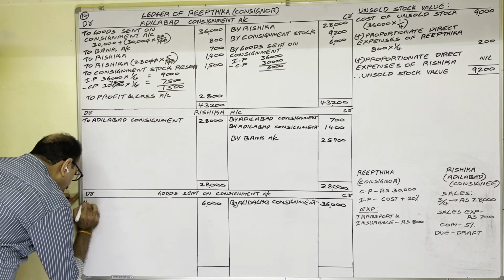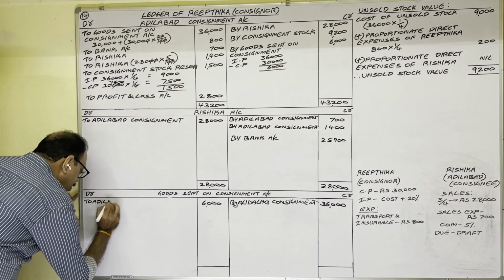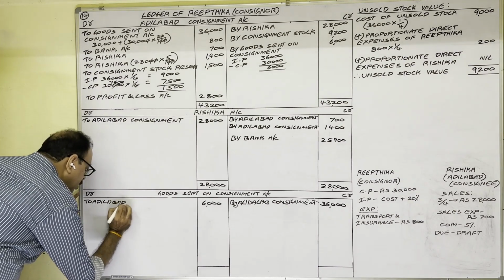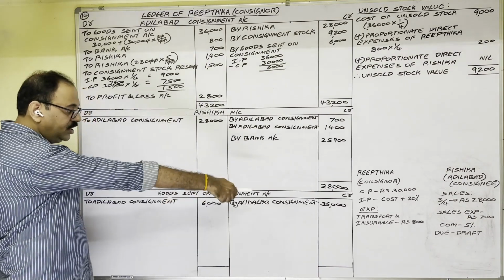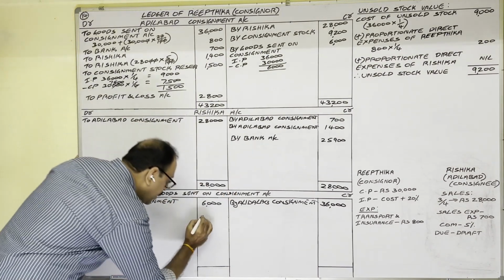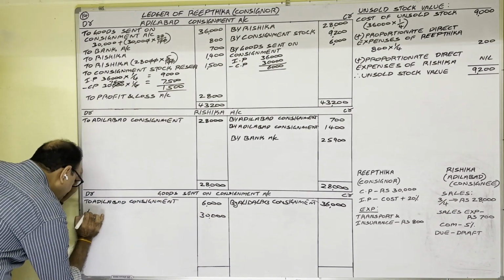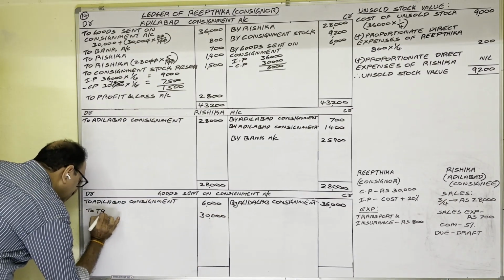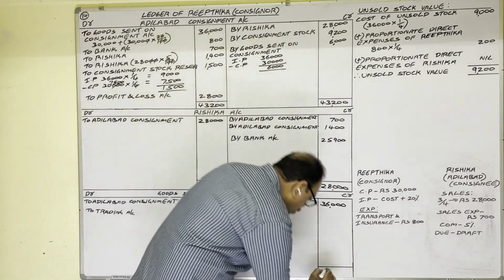You are taking this amount from Adilabad consignment, no? Write down the same: "To Adilabad consignment account." So the difference is 36,000 minus 6,000, 30,000. For this difference, you have to write "To trading account." Two sides total 36,000. Credit side also the same.